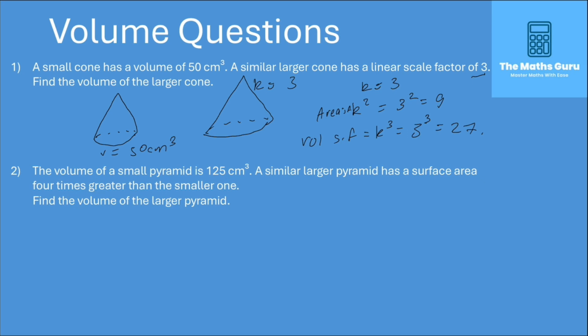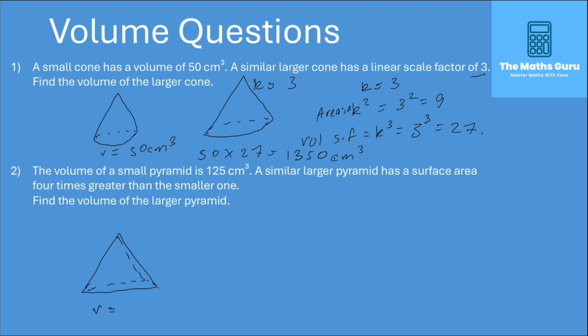So looking at our smaller one, we do 50 times by 27 to equal our larger volume, which is equal to 1350 centimeters cubed.